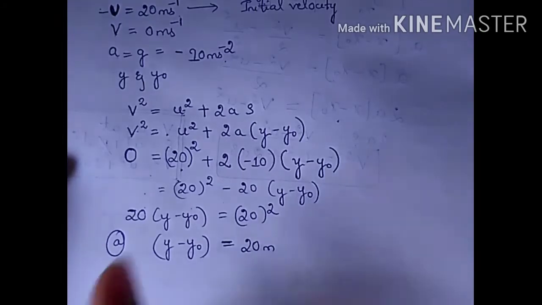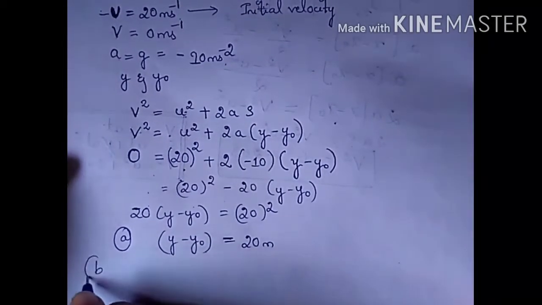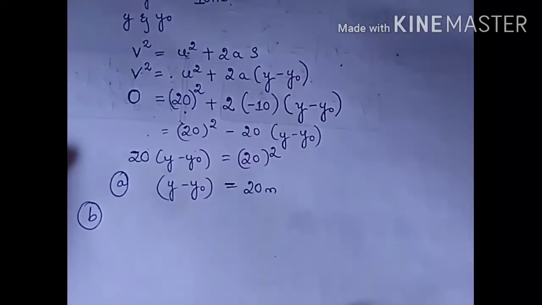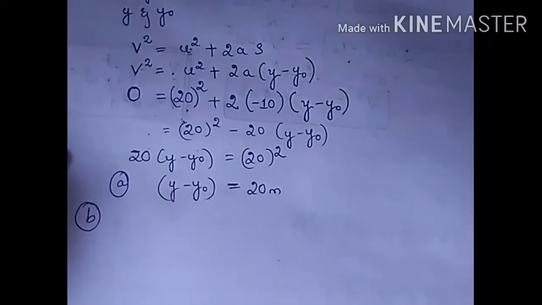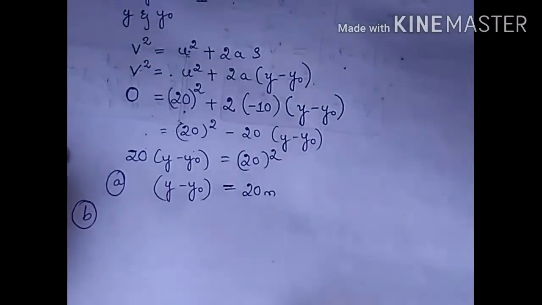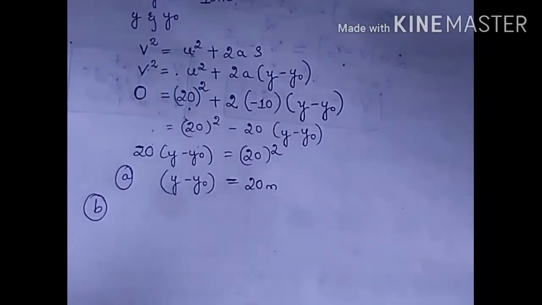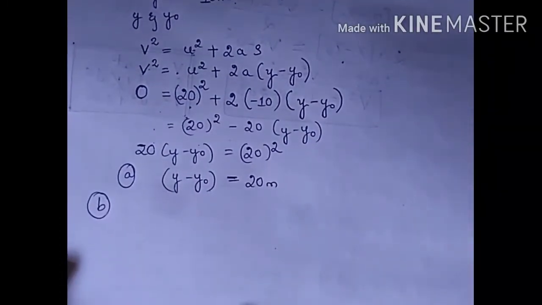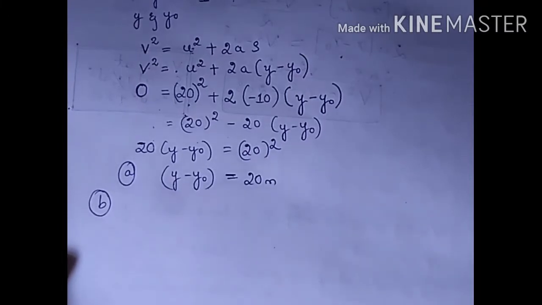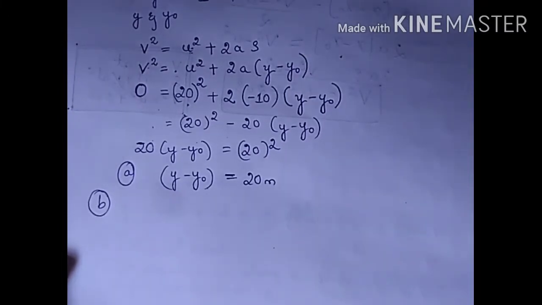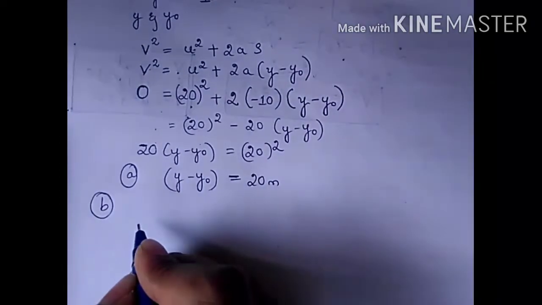Now the second part, B, can be solved in two ways. One more method is given in your textbook, and you can go through the textbook and try to solve with the first method. In this lecture I will use the second method.